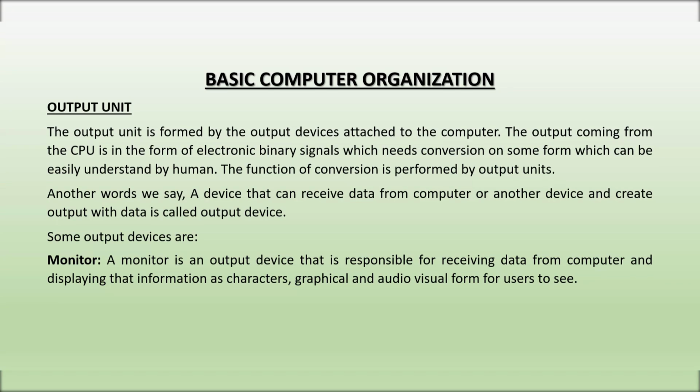The function of conversion is performed by the output unit. In other words, a device that can receive data from a computer or another device and create output with the data is called an output device.